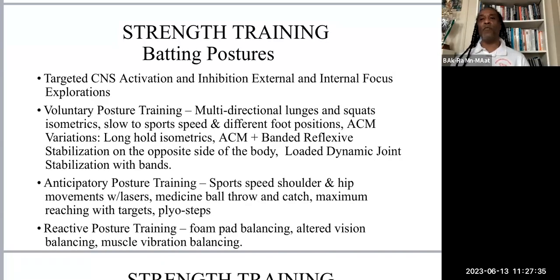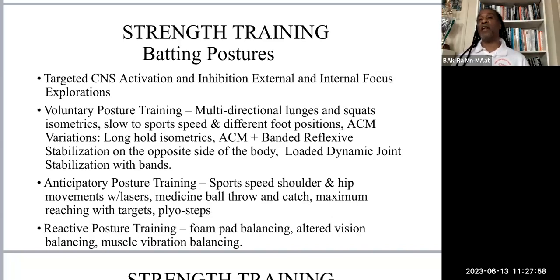We'll also use them with banded reflexive stabilization. So that means you're doing the ACM for a muscle on one side of the body, while on the other side you have a band that is pulling, so therefore you're engaged in reflexive stability on the opposite side of the body, which happens in real life, right?